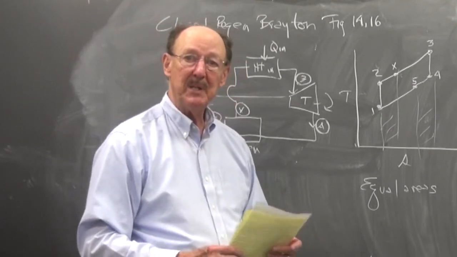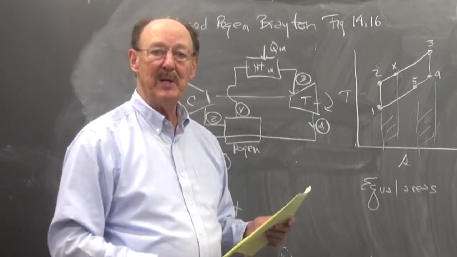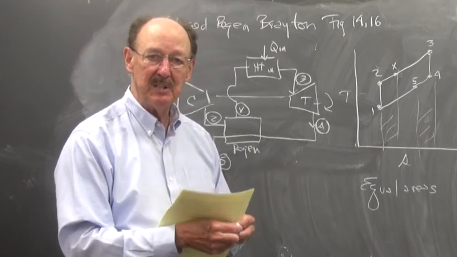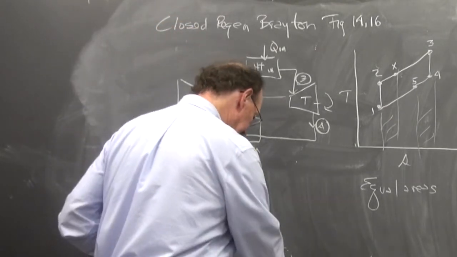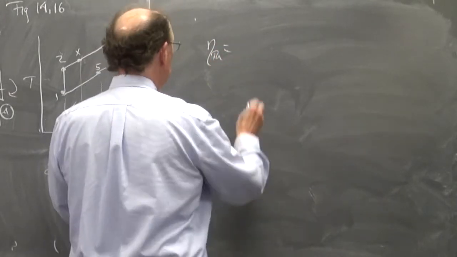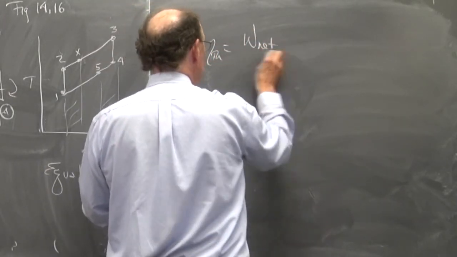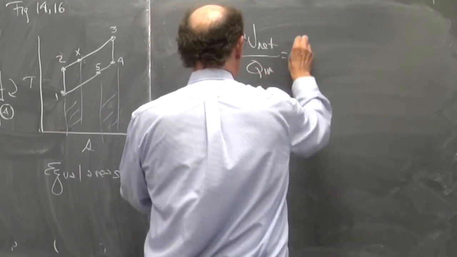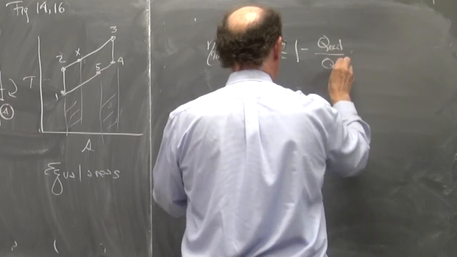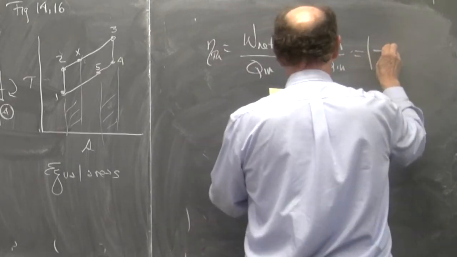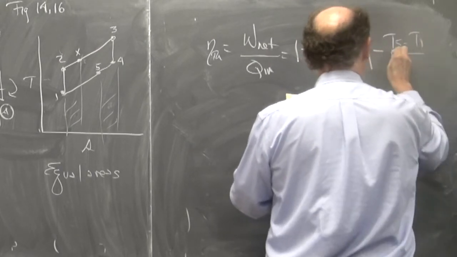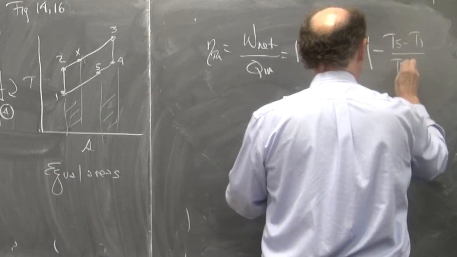And now, because this is a Brayton cycle, we can make some assumptions and get a closed form efficiency for the regenerative Brayton cycle. So the thermal efficiency is equal to W net over Qin. It's 1 minus Q out over Qin, which is equal to 1 minus (T5 minus T1) over (T3 minus Tx).